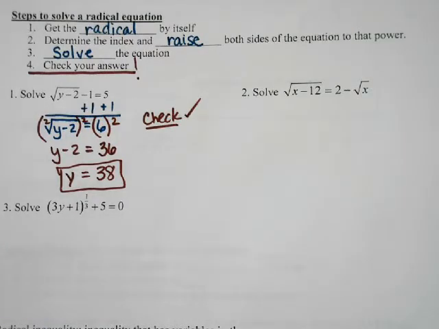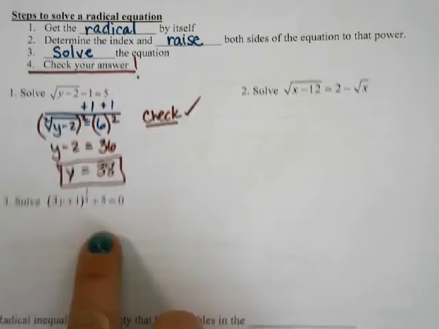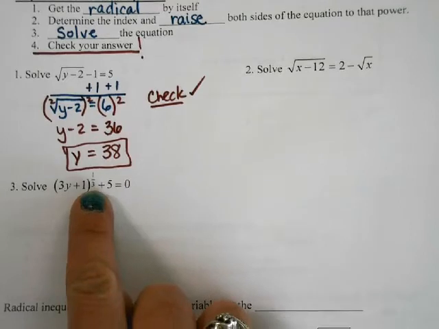Let's skip down to number 3 because it's a little bit easier. So number 3 says, parentheses 3y plus 1 all raised to the 1/3 power plus 5 equals 0. This one says radical equations and inequalities, but it has fraction exponents.